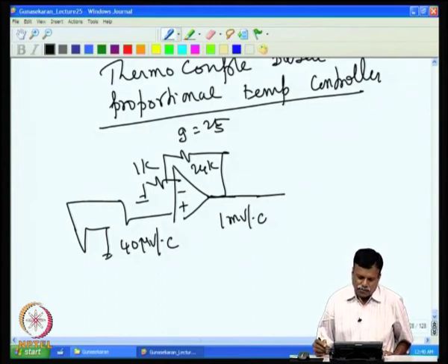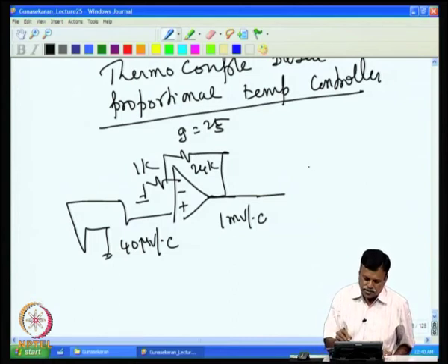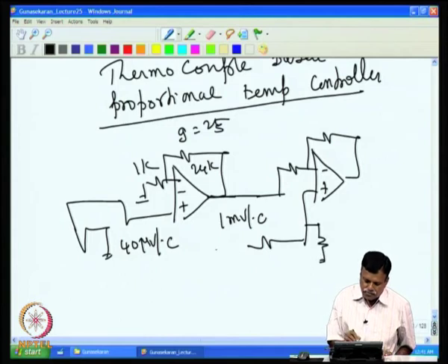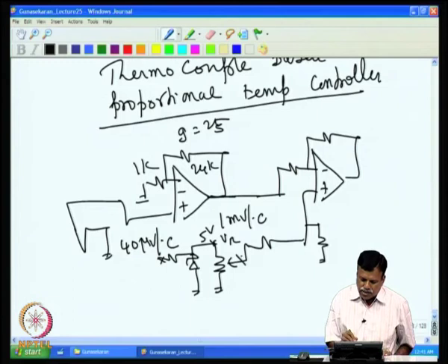Now, we want to make a proportional controller. So, we will find the difference between the reference voltage and the actual temperature. We have a reference amplifier here which has the set temperature. That is a V reference, say 5 volt, and we set whatever voltage is required.